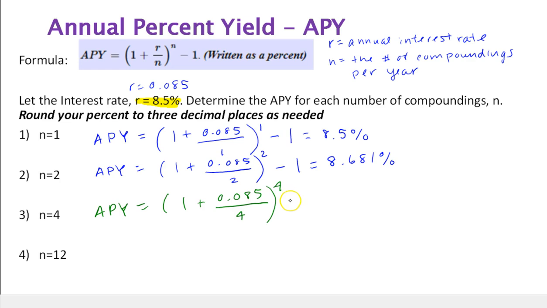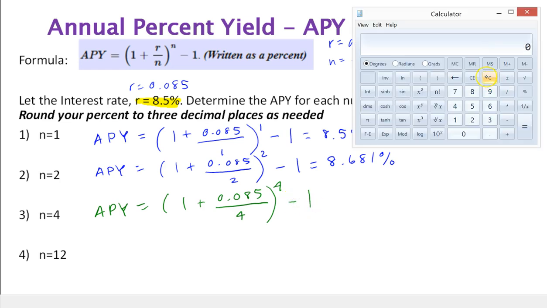There's our 4 compoundings. Subtract 1. So we'll start with the interest rate, divide it by 4, add 1. That's this result in the parentheses, so now we raise it to the 4th power.